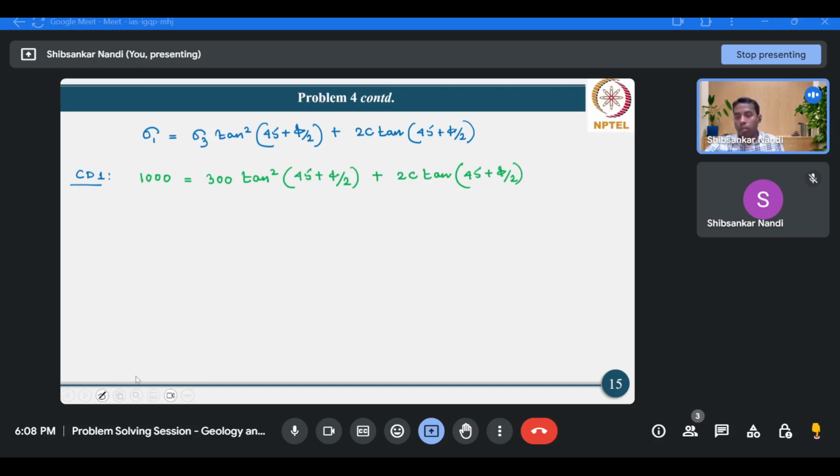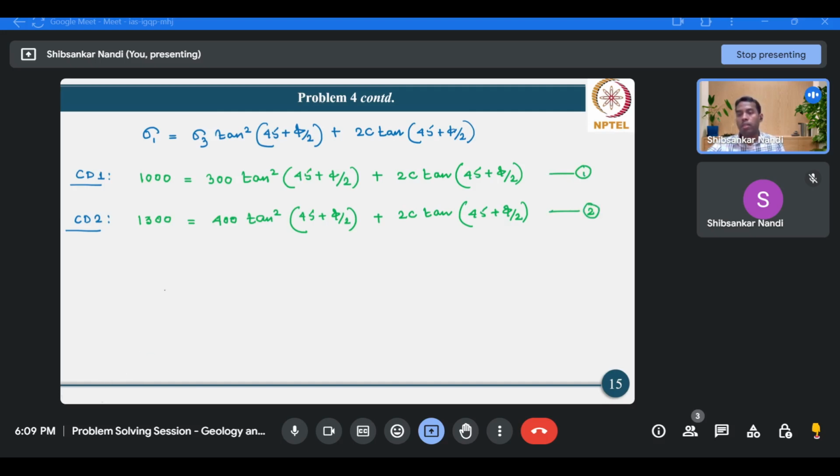Now coming to CD2, this is 1300 and this is 400 tan square 45 plus phi by 2 plus 2c tan of 45 plus phi by 2. This is your equation 1. This is your equation 2.